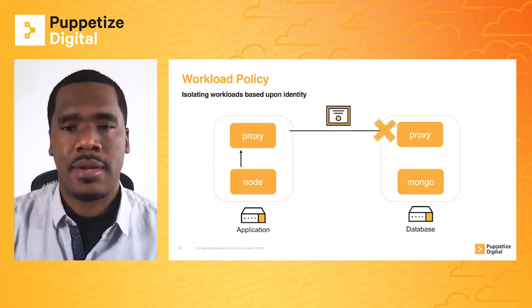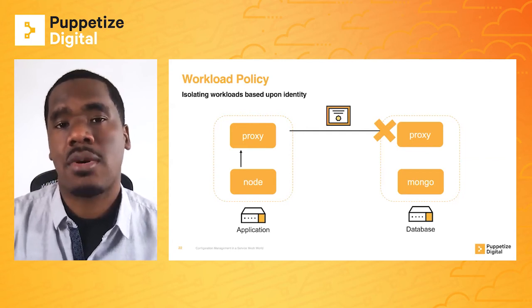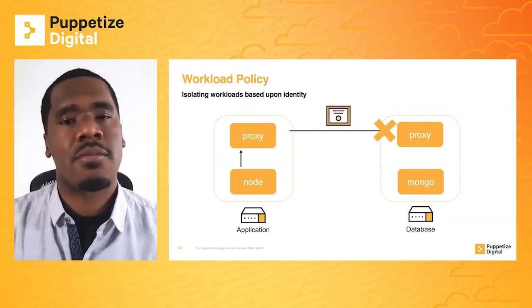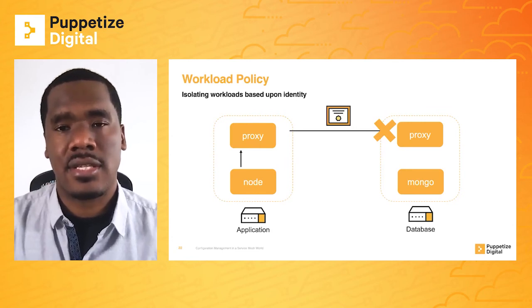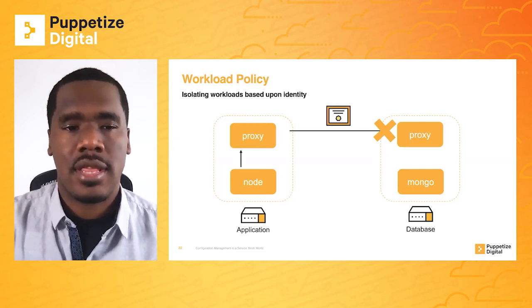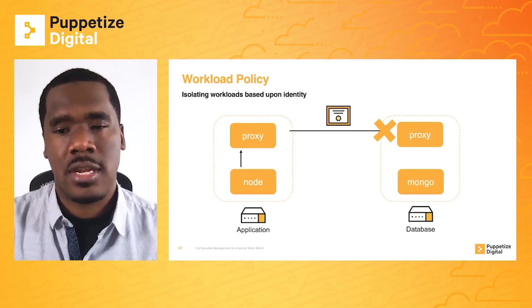But what's happened in this particular example, it may be an actual database that doesn't belong, let's say, to this microservice. Maybe it's another microservice's database. And what we've done is we've leveraged X509 certificates for our identity to say, this particular application should not be able to talk to the database for this other application.